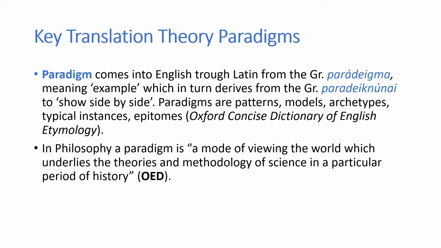These paradigms, in philosophy, mean, and I quote from the Oxford English Dictionary, a mode or view in the world which underlies the theories and methodology of science in a particular period of history. So what are the main paradigms underlying the theories of translation?